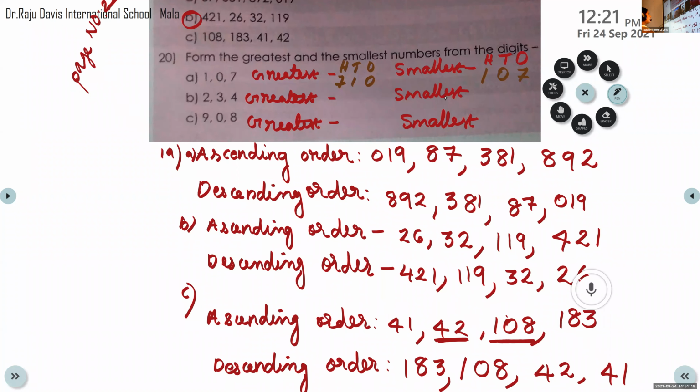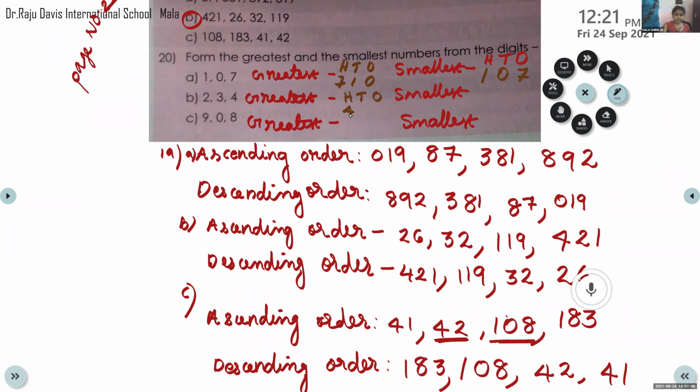Question B, 2, 3, 4. From the greatest number. 400, hundreds place 4.